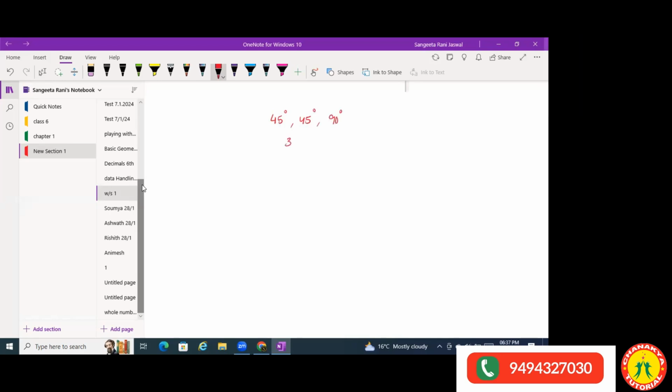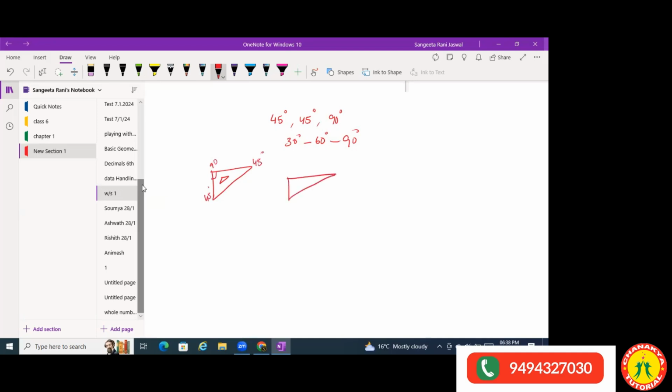The other one is 30, 60, and 90 degrees. You have 3 set squares like this in your geometry box. The other one is like this.